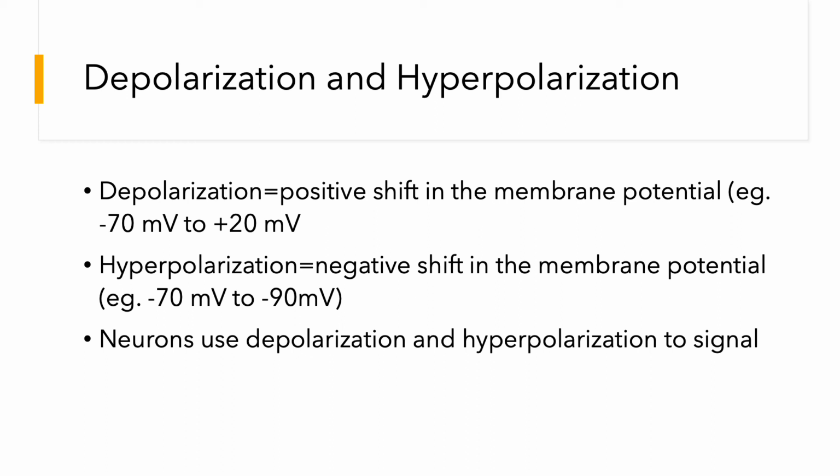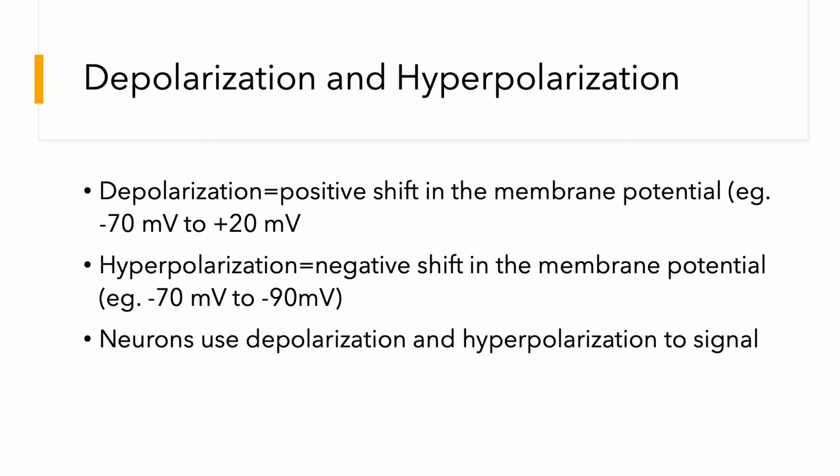So let's get back to neurons. Neurons utilize changes in the membrane potential in order to signal. Depolarization is a positive shift in the membrane potential. For example, the membrane potential might go from negative 70 millivolts to positive 20 millivolts.